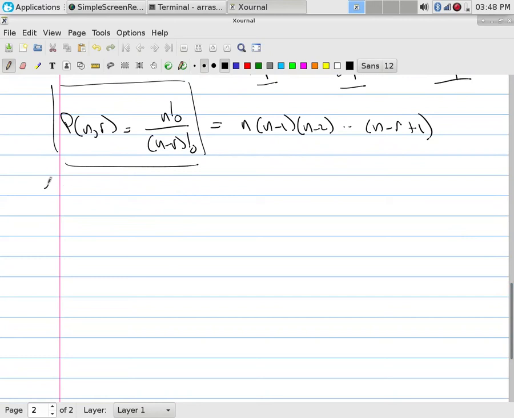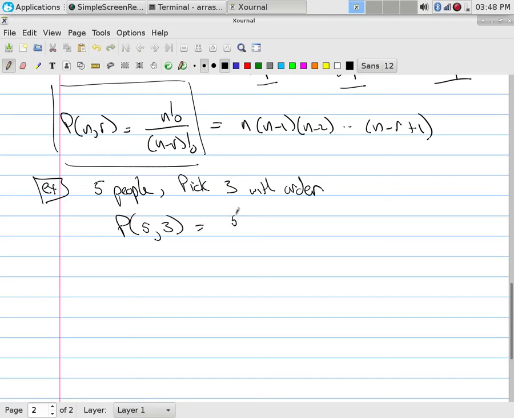So, for example, if you have 5 people and you want to pick 3 with order, then we're just talking about 5 pick 3, which is simply going to be 5 factorial divided by, we divide by the people that have not been picked, so 2 factorial, because I don't worry about that.